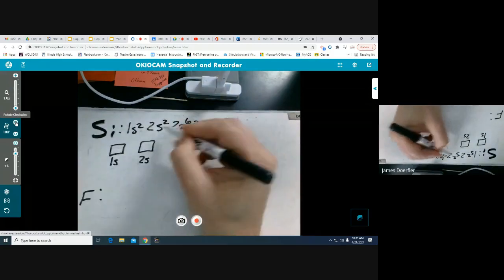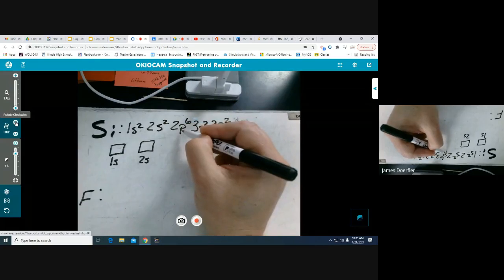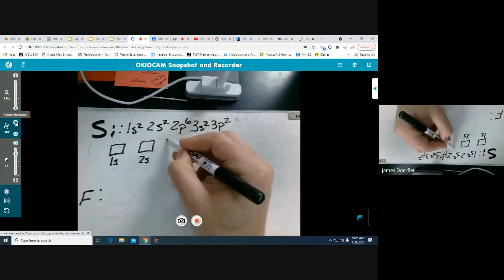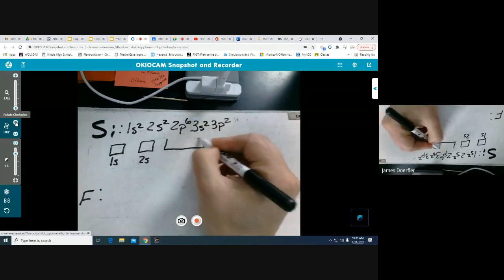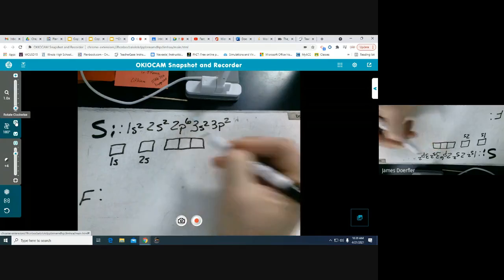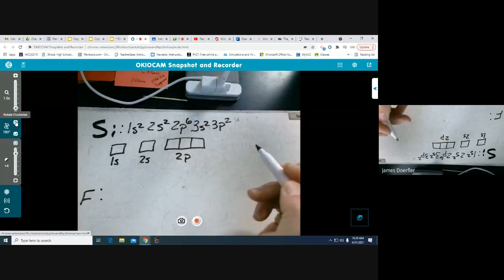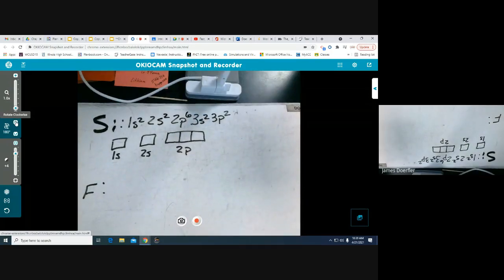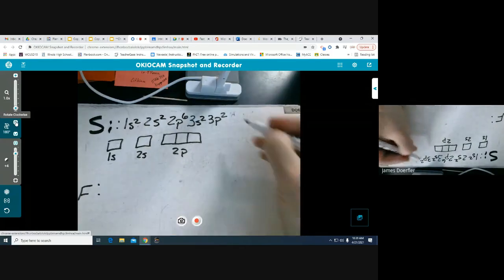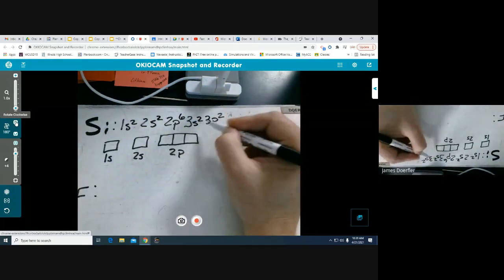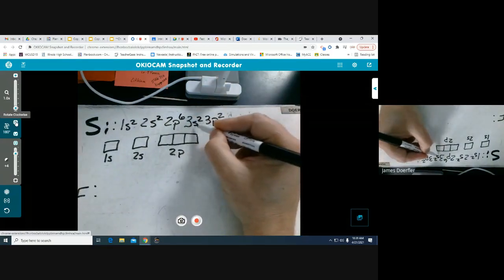How many boxes am I going to draw for P? 3. Again, you can just do it this way. Draw a big rectangle. Do that. And then below that, you label as 2p. And I still need to do a couple more boxes here. I come into another s orbital.